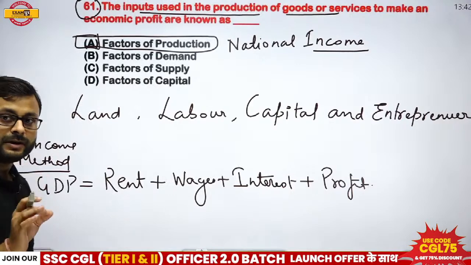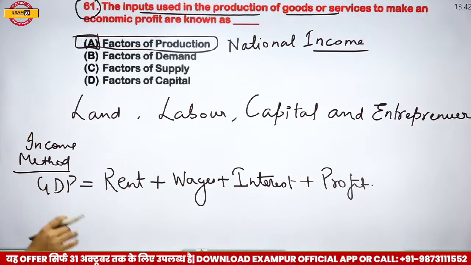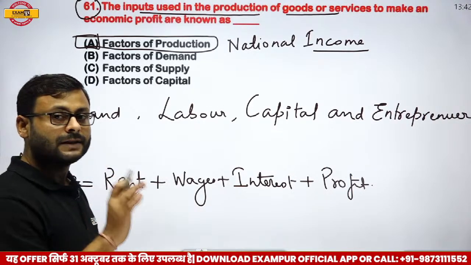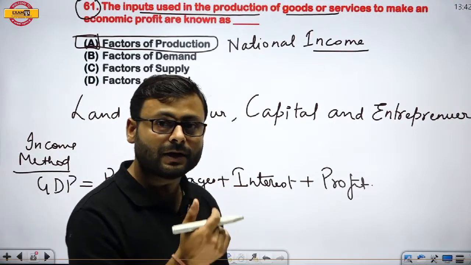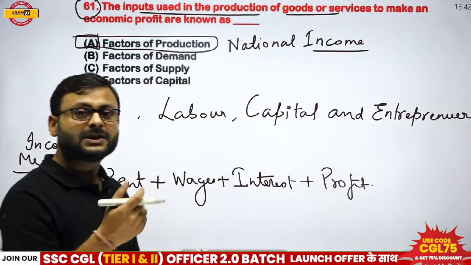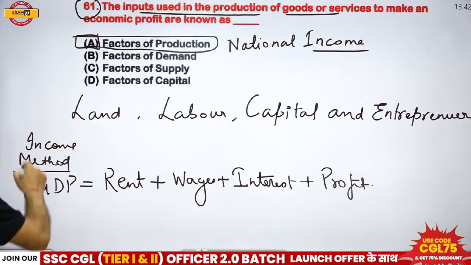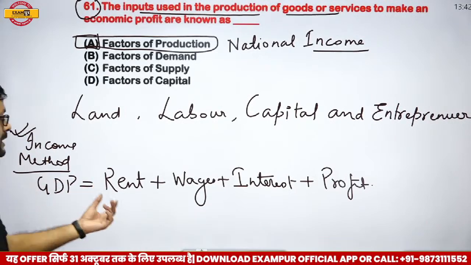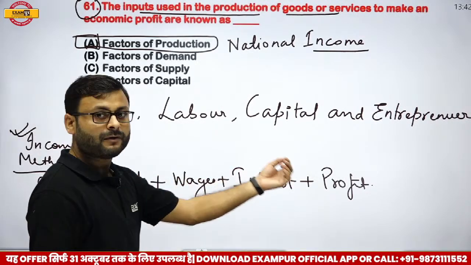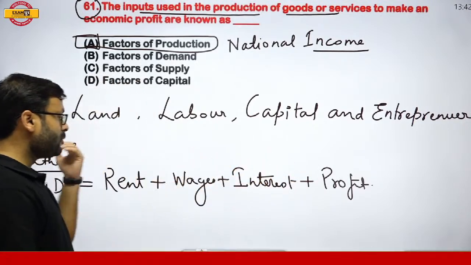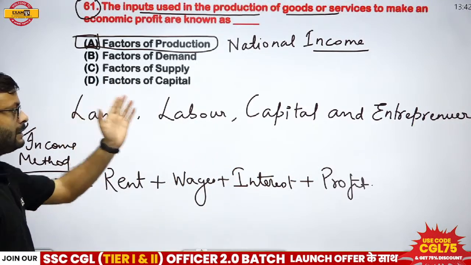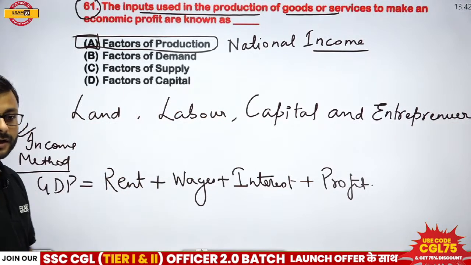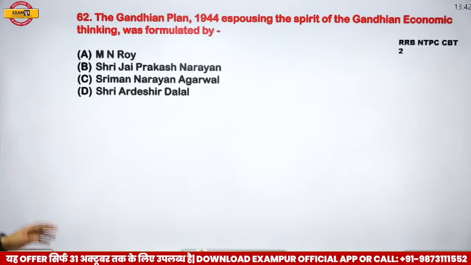There are 3 methods of calculating national income: the production method, the income method, and the expenditure method. While calculating by the income method, we consider the 4 factors: rent, wages, interest, and profit, and these are the remunerations given to land, labor, capital, and entrepreneur. I think this question is clear to all of you.